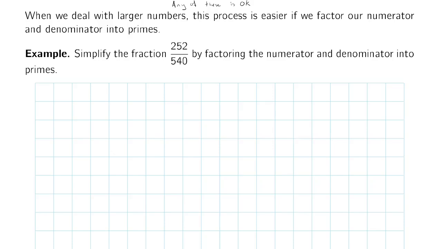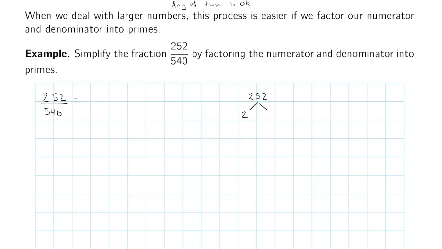And that is that we're going to factor our numerator and denominator into primes. So we're starting with 252 over 540. We're going to go off to the side and take 252. Well, I know that that's a multiple of 2. So 2 goes into 252.